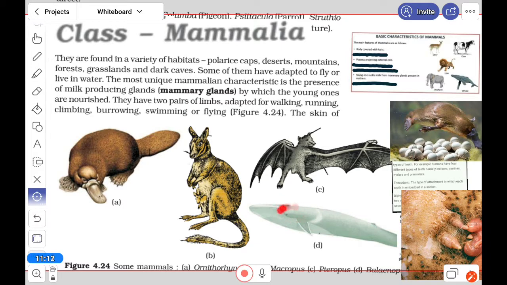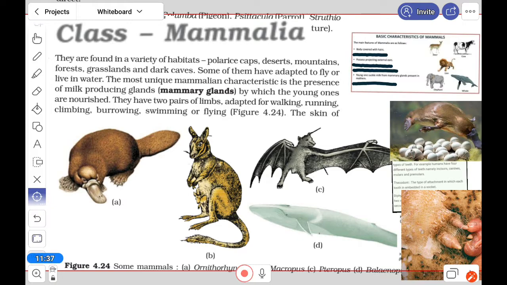They don't have pinna, meaning external ear. They don't have body hair, but they are mammals. So there are several varieties. You can see two pairs of limbs adapted for walking, running, climbing, burrowing, swimming, flying. So many things are there.